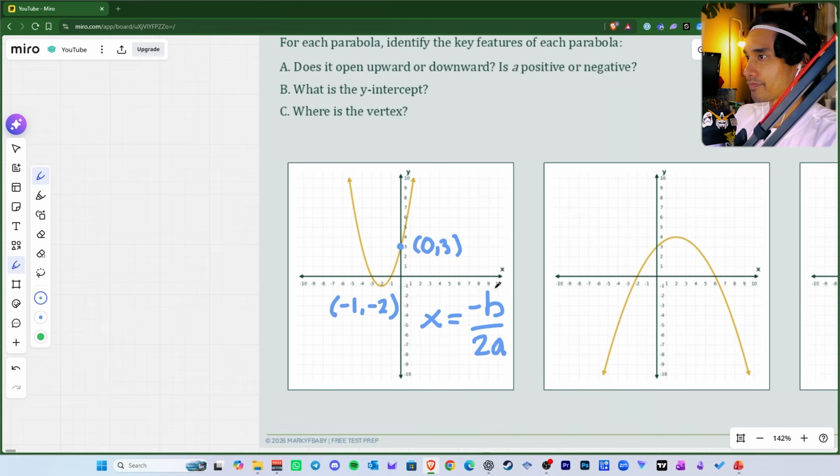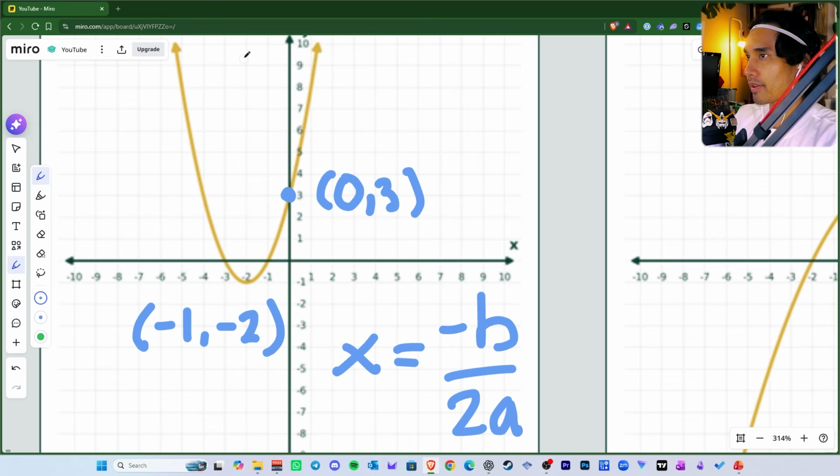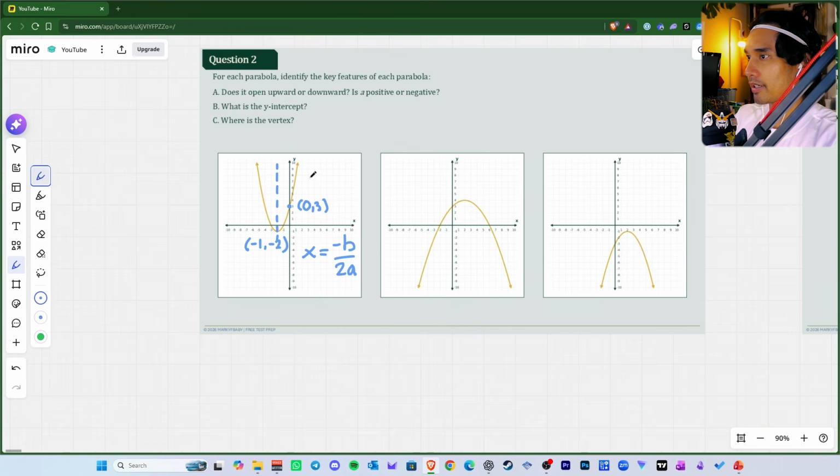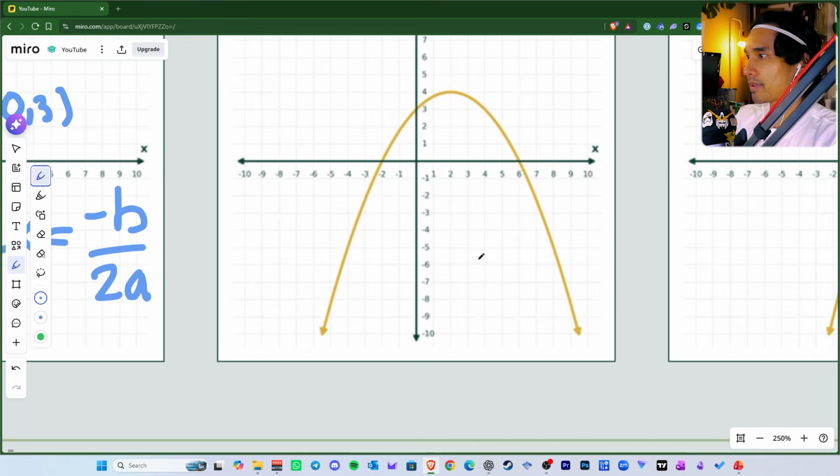Okay. That's all I want you to know. And then also the axis of symmetry is right here at x equals negative 2. I do not think you need to know this for the test. So let's just go with this one now.